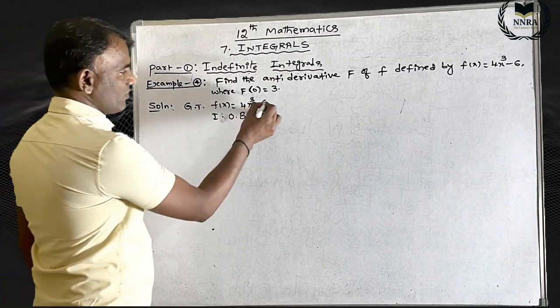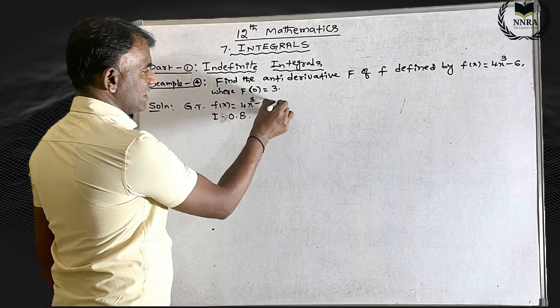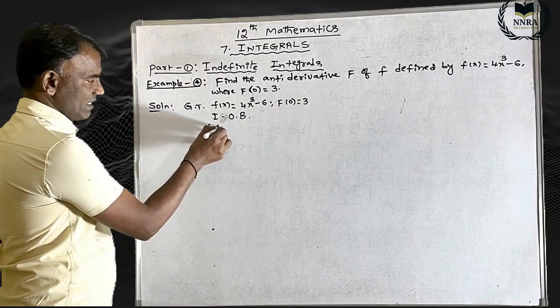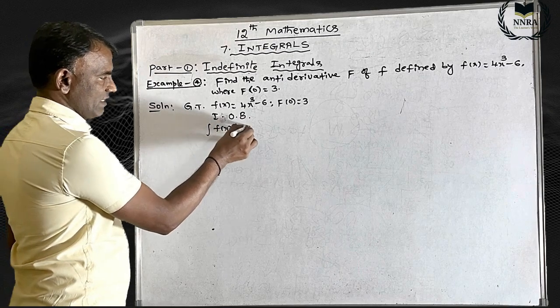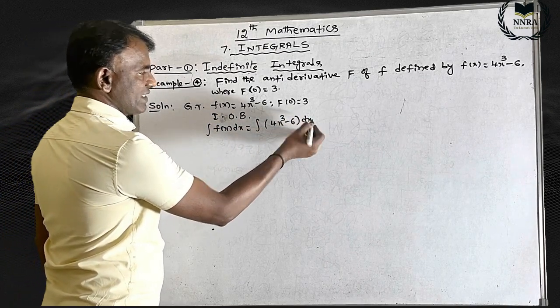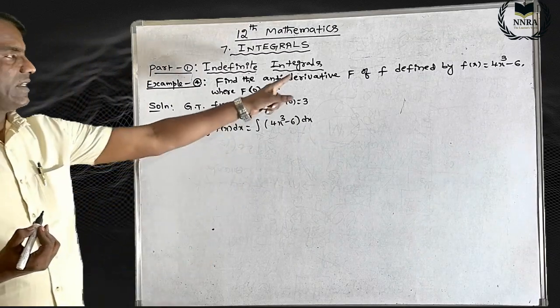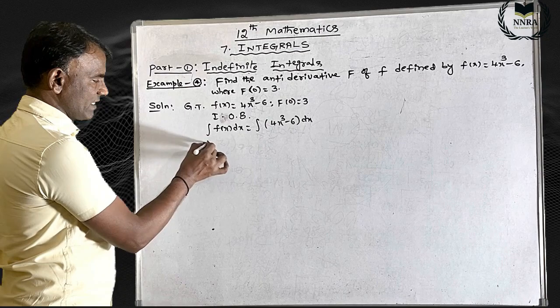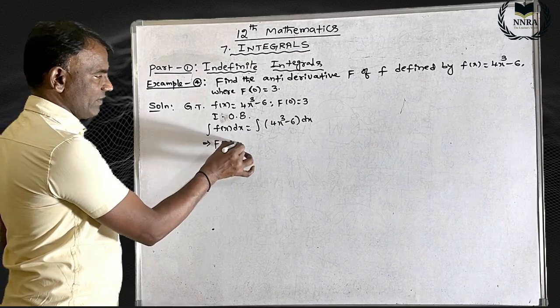And here one more condition is given. What is that? F of 0 equals 3. Now the integral of f of x dx, and here the integral of 4x cube minus 6 dx. Clear? Antiderivative is nothing but integration. If we integrate small f of x, then we get capital F of x.